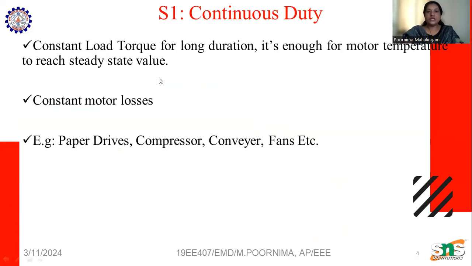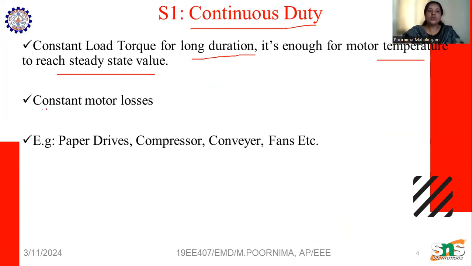The first duty is continuous duty. What do we mean by continuous duty? It is a constant load torque for a long time, long enough for the motor to reach a steady state.